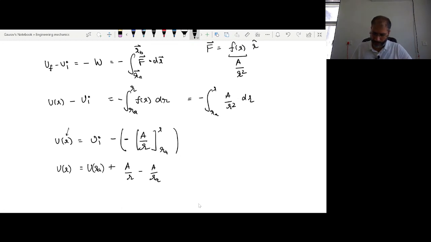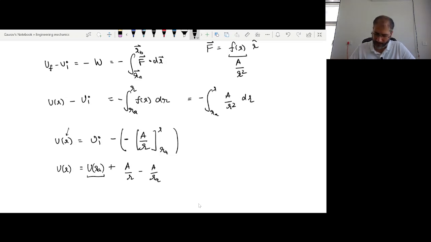Now remember that we are completely free to choose what u at given Ra is, because what matters is the difference in energy. The absolute value at a given point does not have any effect as long as we define a reference.